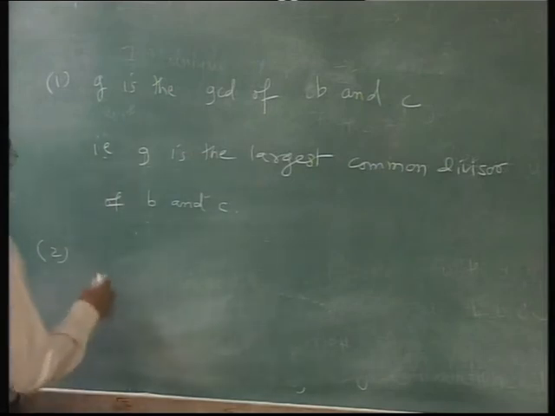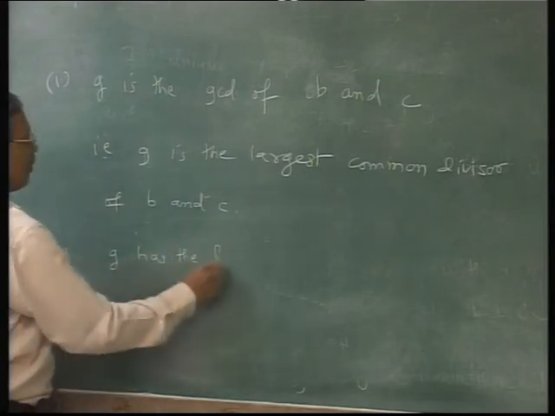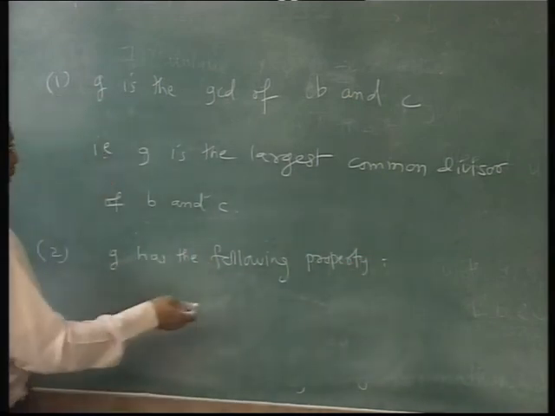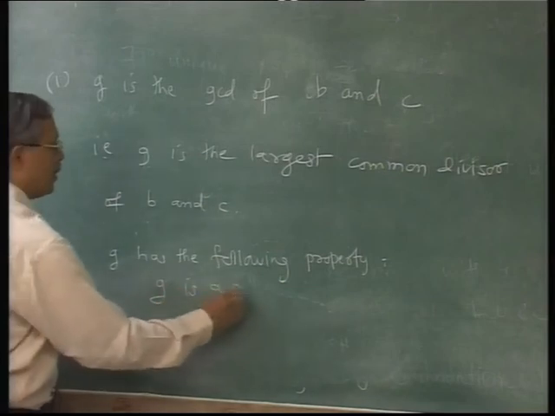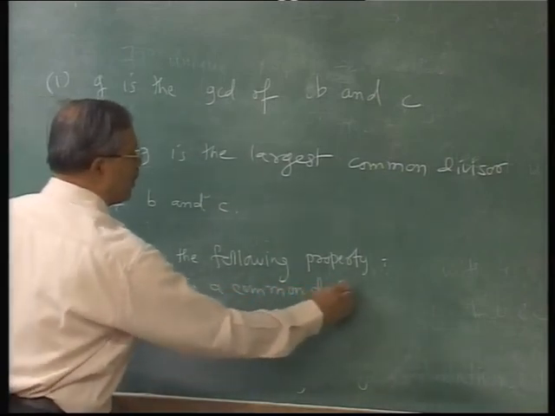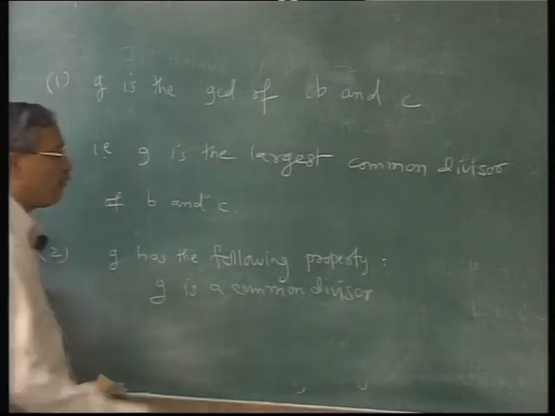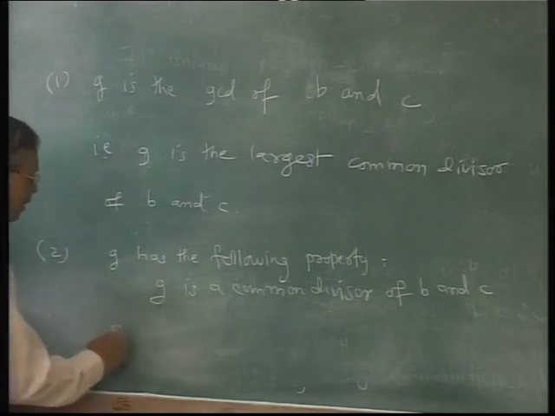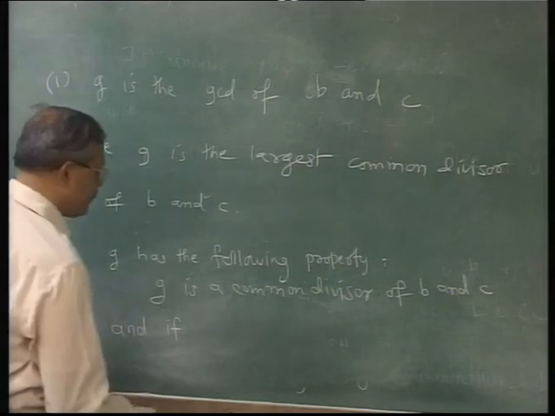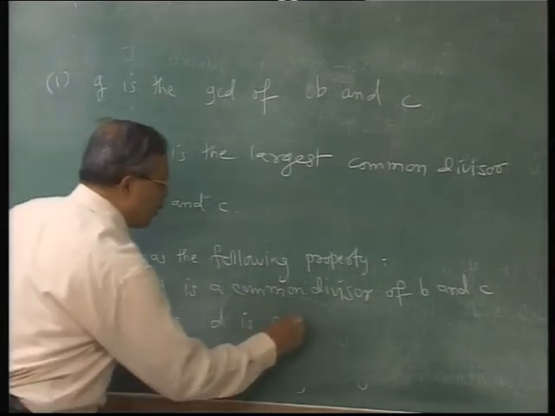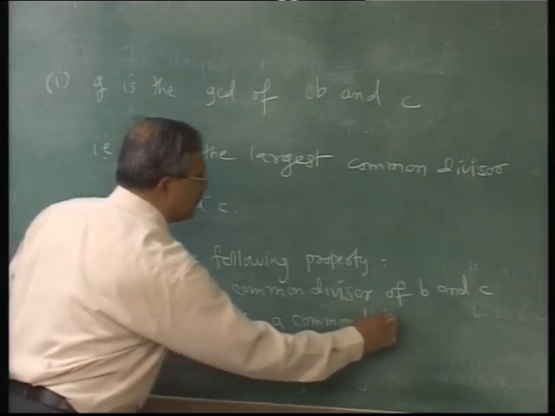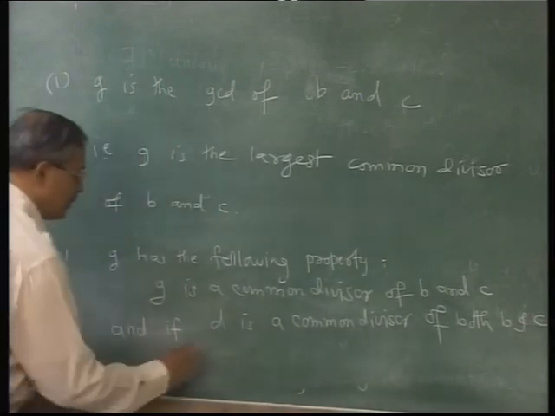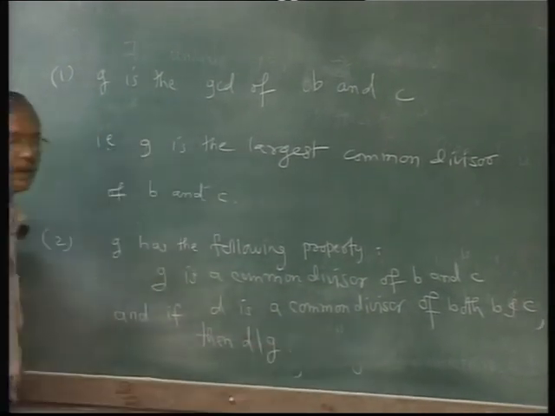Second, G has the following property. G is a common divisor of B and C, and if D is a common divisor of both B and C, then D divides G. That's the requirement.